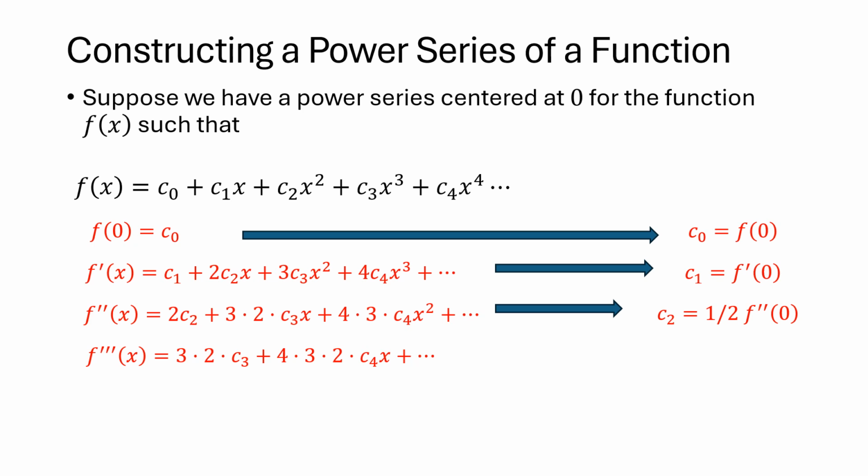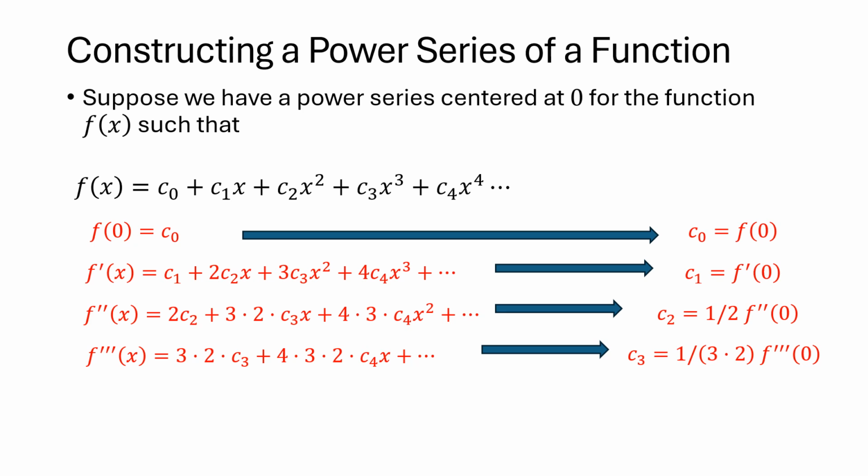Plugging in 0 gives f triple prime of 0 is equal to 3 times 2 c3. If we divide, we then get c3 is equal to 1 over 3 times 2 f triple prime of 0.